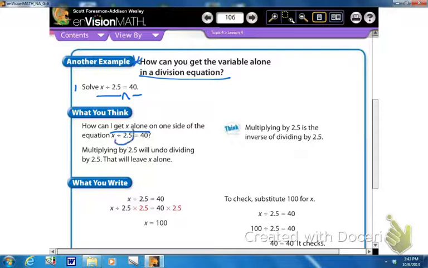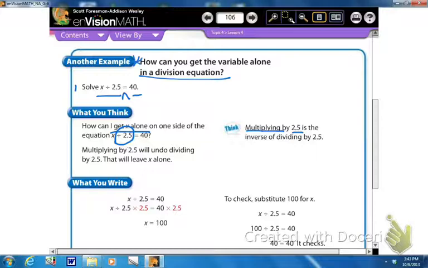Remember, if we're dividing x by 2.5, we want to do that opposite operation. So the opposite operation of division would be multiplying by 2.5. And that would cancel out the dividing by 2.5 and leave x alone.